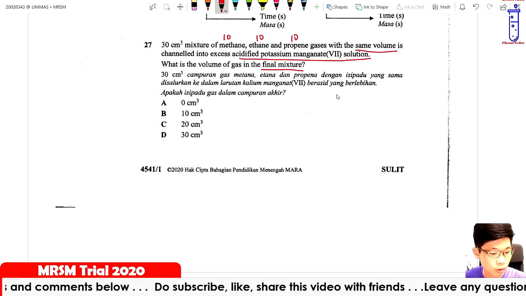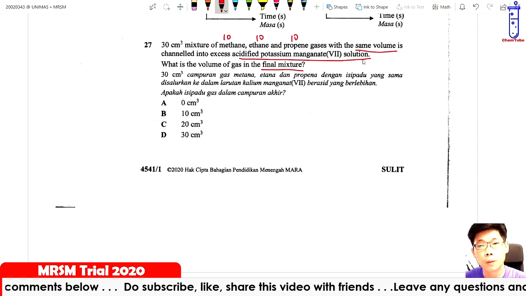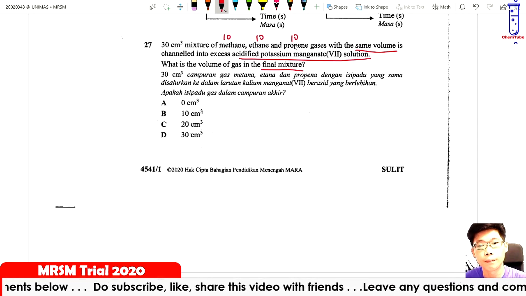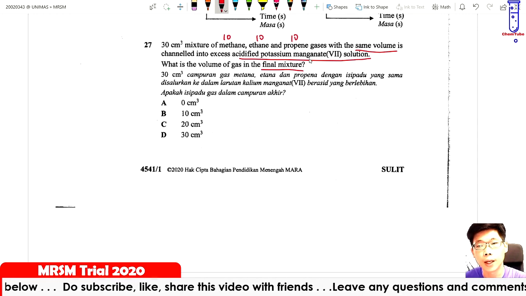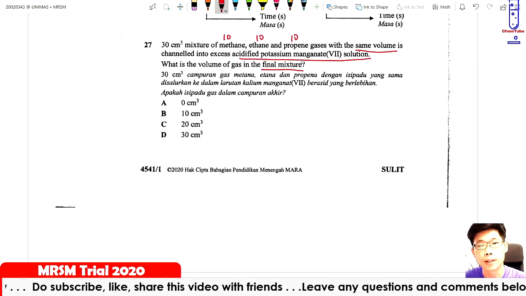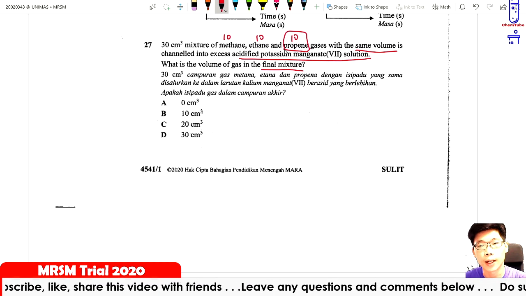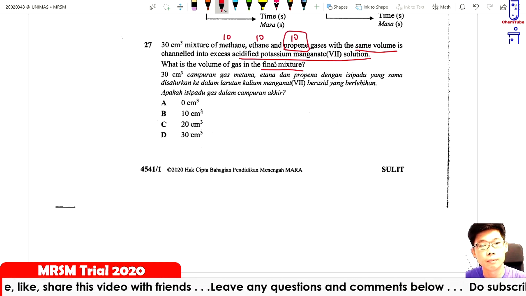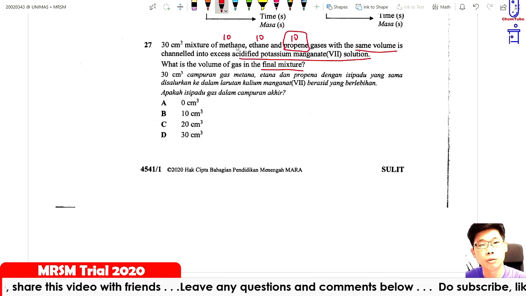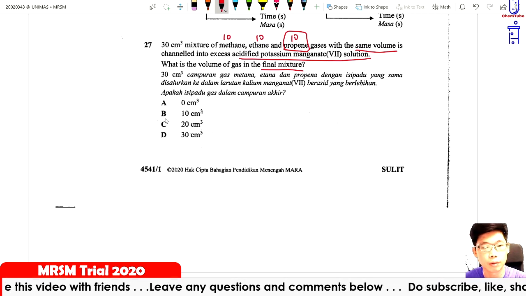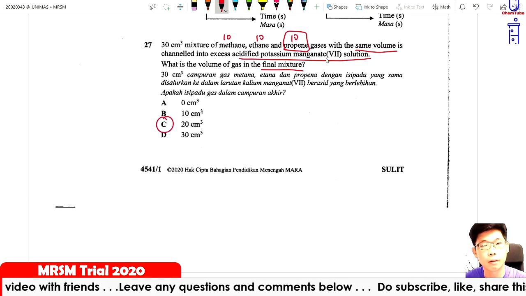Only one gas will react with the acidified potassium manganate(VII), which is the propene gas. So at the end, these two gases remain, so it's 20.